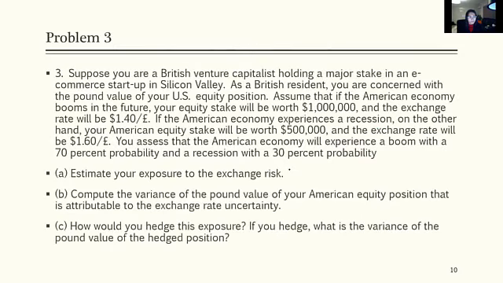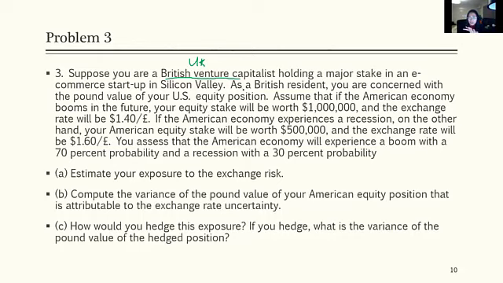All right. So moving on to the problems. For this tutorial, we only have one problem, which is problem 3 in chapter 9. So in this problem, we are assuming we are a US citizen, right? So we are a US investor, and we invest in a company in Silicon Valley, okay, which is in the US.